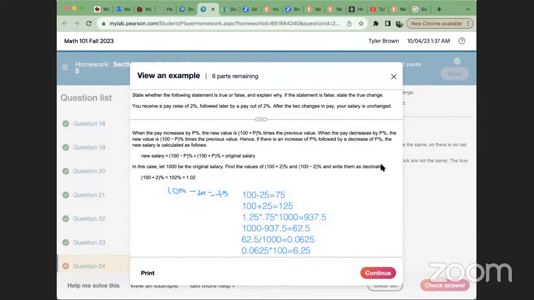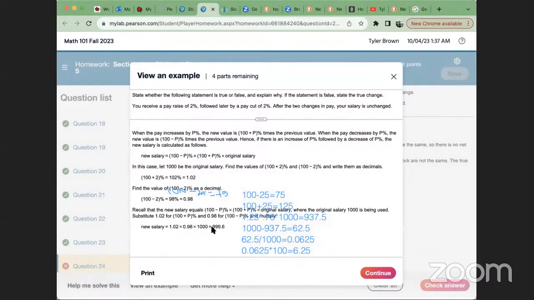On this problem it was 100 plus 25, which was 1.25, which I got there. And then 100 minus 25, 75. Multiply it by 1,000. I got 937.5. Let me try that one more time.